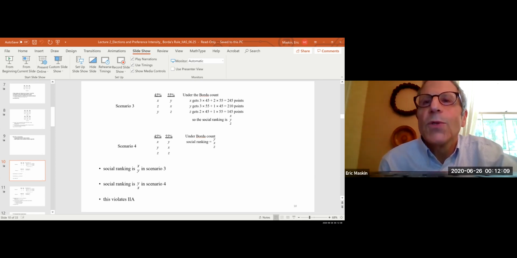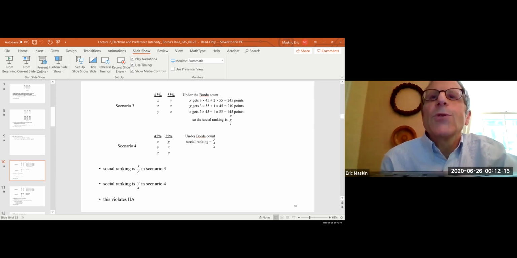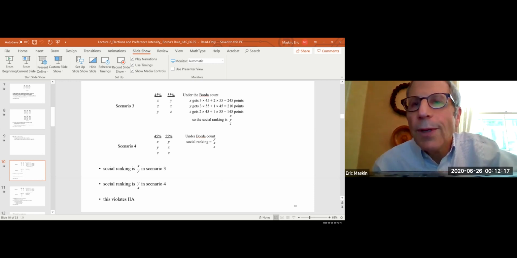In most cases, plurality rule actually coincides with majority rule.